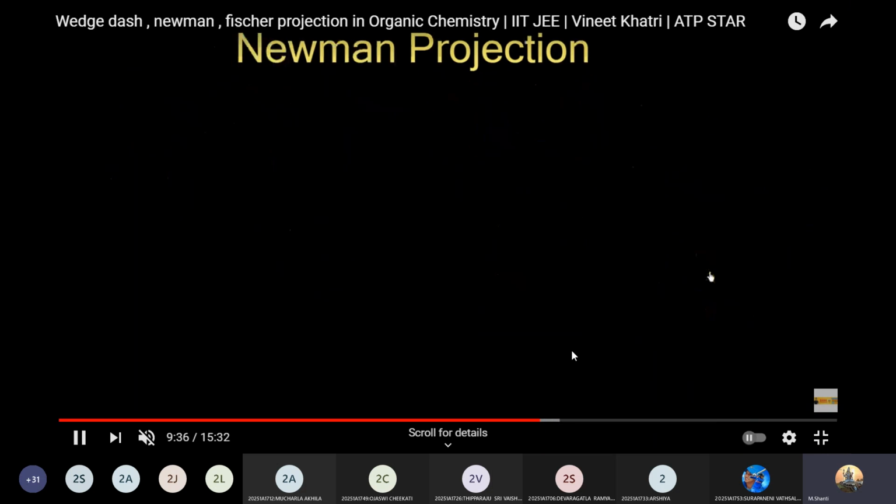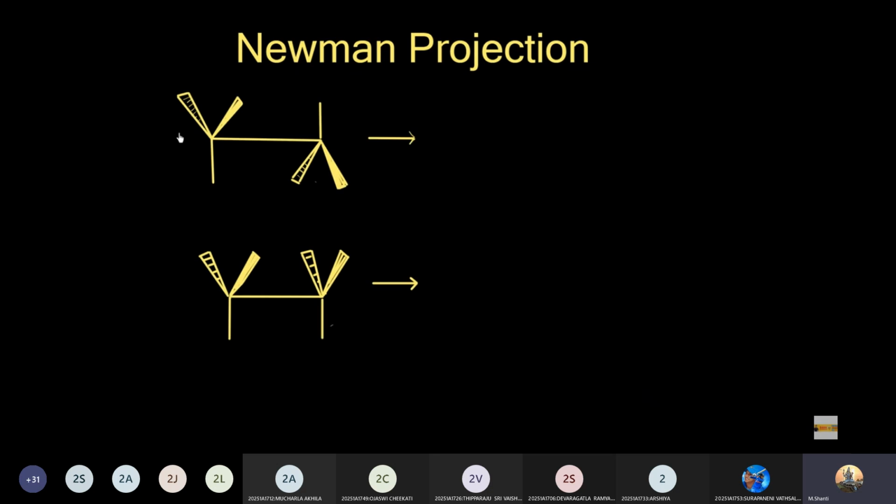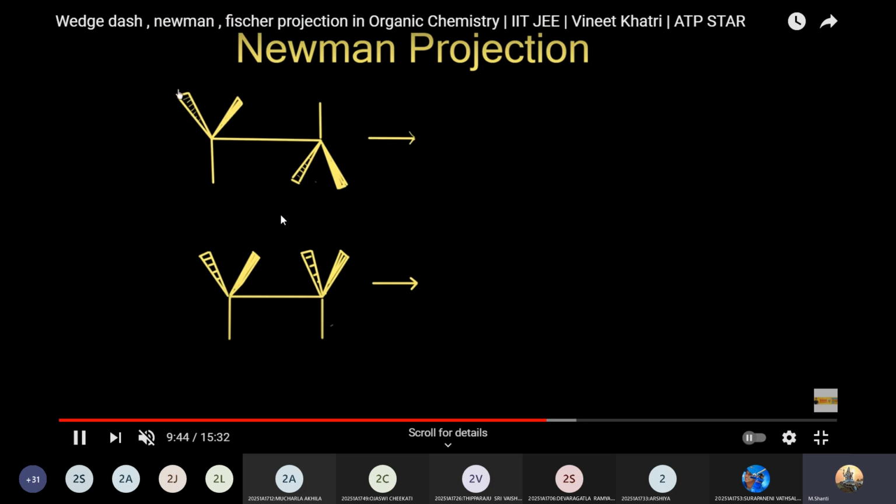Okay, fine. So now coming to the next one, that is the Newman projection. This is the last step of molecular representation. For this, you just have to imagine an observer. The observer has to see these two carbons as a front carbon and a back carbon. So where will the observer be standing here?